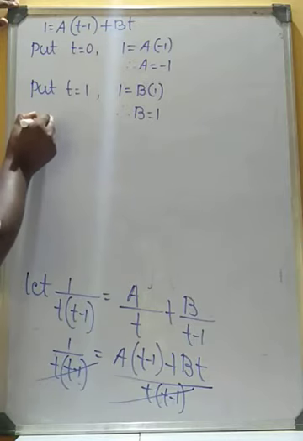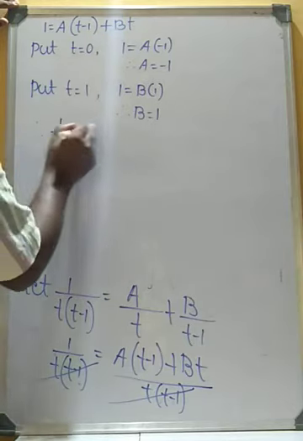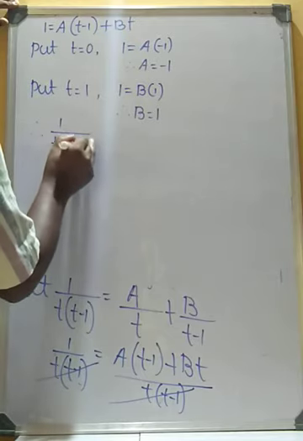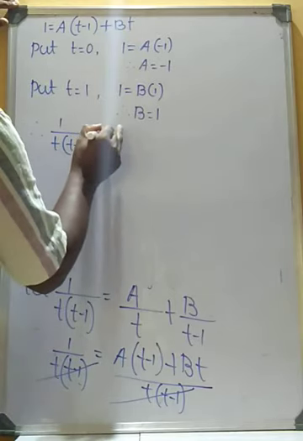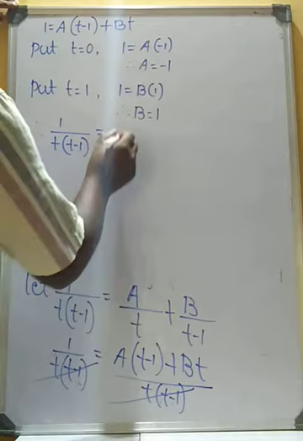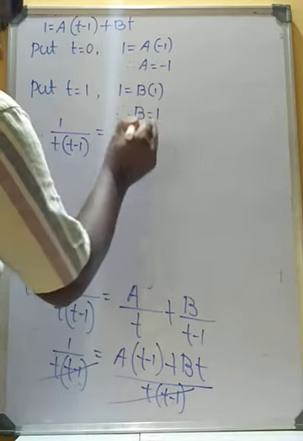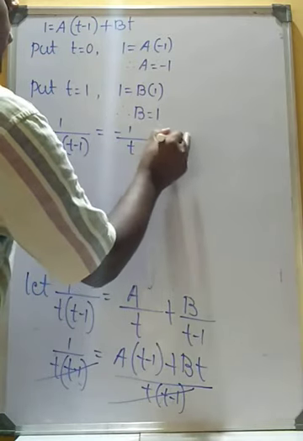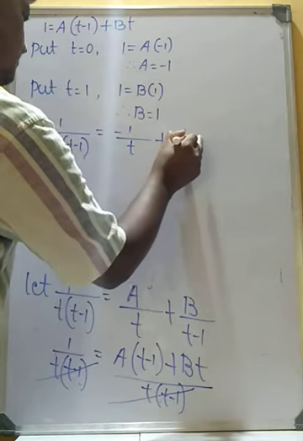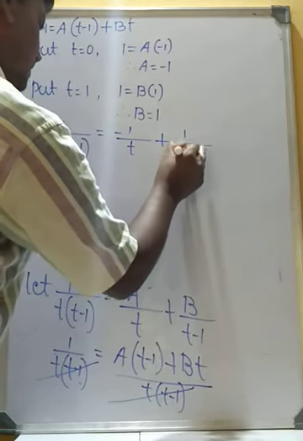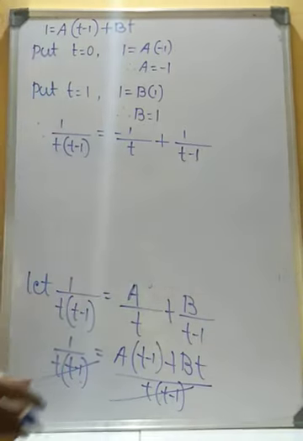So substitute A is minus 1 and B is plus 1. Therefore 1 divided by t into t minus 1 equals, what is A? A is minus 1 divided by t, plus what is B? B is plus 1 divided by t minus 1.